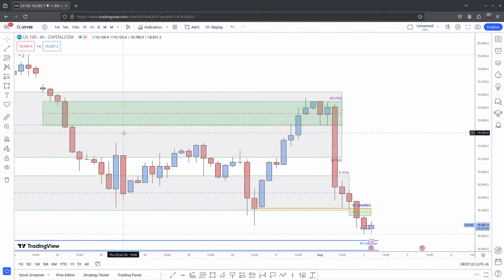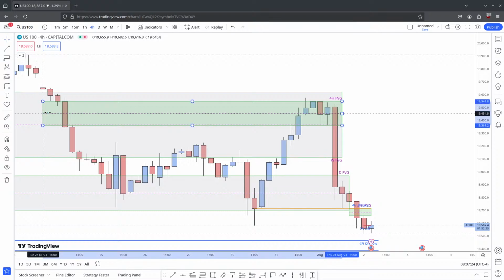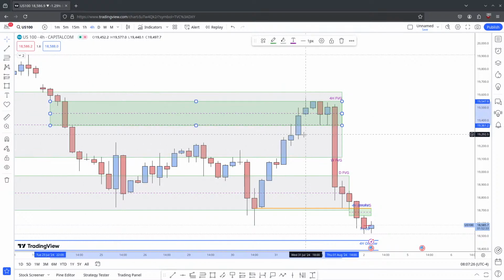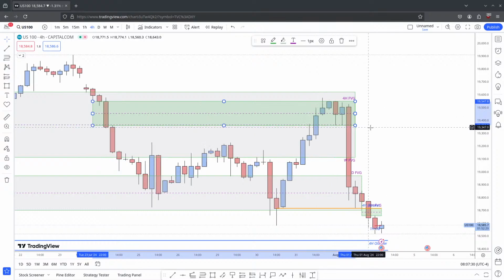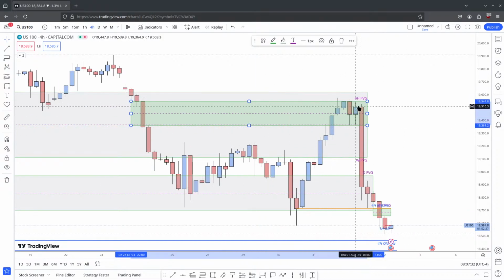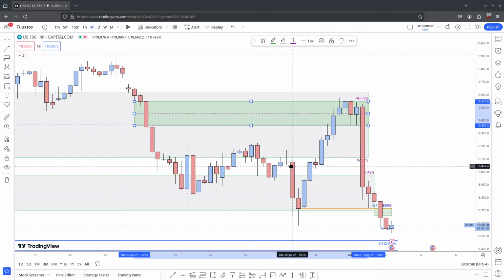On the 4-hour, we have a fair value gap here. Traded into that. Held price pretty good. Cleared these equal highs and tanked down lower. We have a breaker block here.